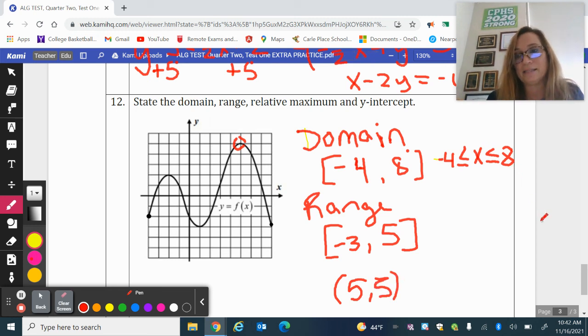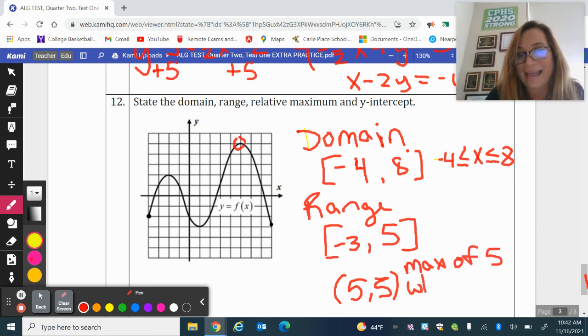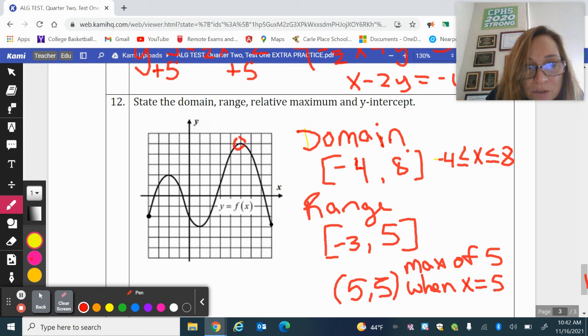So what we would say is it's a max of 5 when x equals 5. Okay? 5, 5. 1, 2, 3, 4, 5. Yeah, it's 5. And this would be the y-intercept over here. So the y-intercept is -2.